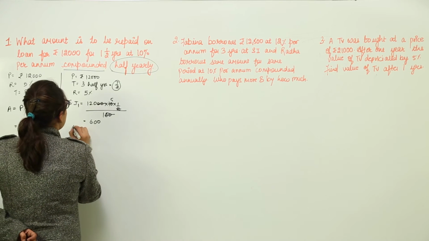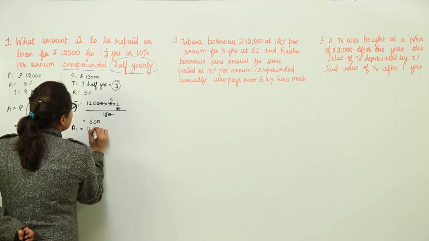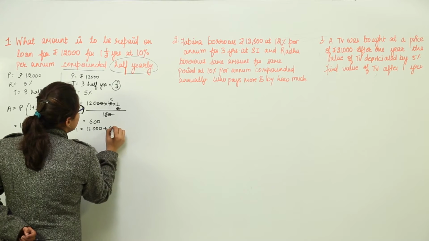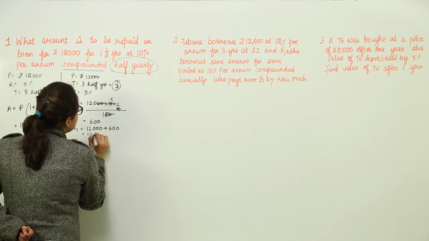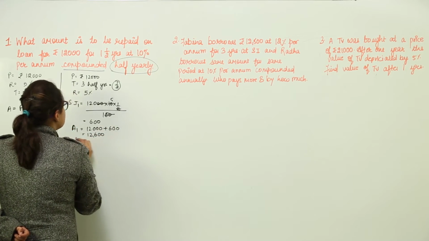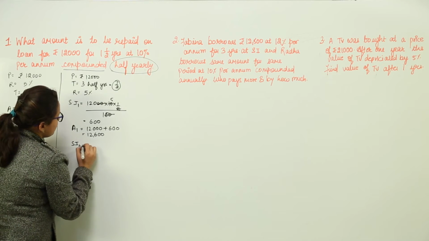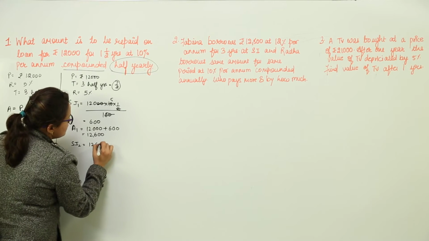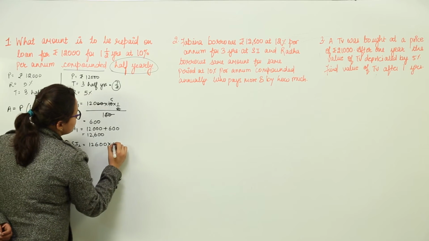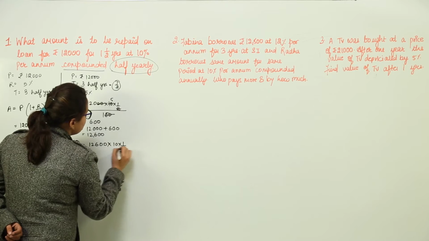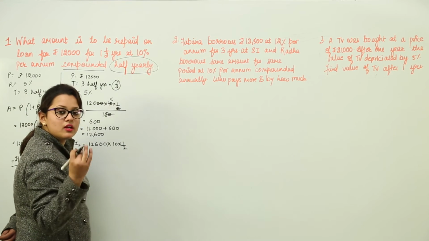Now the amount for the first year would be 12,000 plus 600. This solves to 12,600. This is the amount for the first year. This is going to become my principal for the second year. So let us solve 12,600 into 10 into again 1/2. How many half years are we taking? 3 half years.